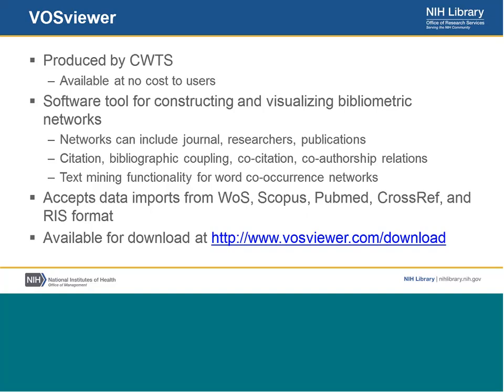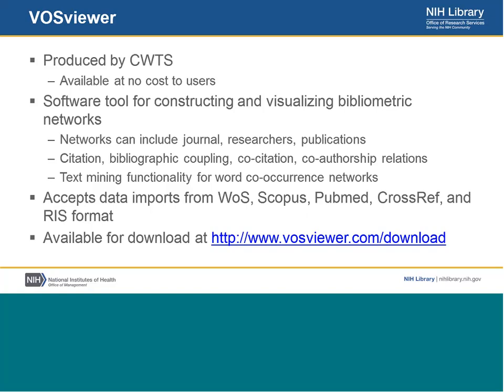Okay, we're back to VOSviewer again. In addition to the data cleaning and processing features that we heard about just a few minutes ago, VOSviewer is primarily known for its ability to construct and visualize bibliometric networks specifically. There's a very easy to use pop-up wizard that guides you through the steps to create your networks. Network options available within VOSviewer include those related to journal titles and other journal data, and individual researchers and their publications.